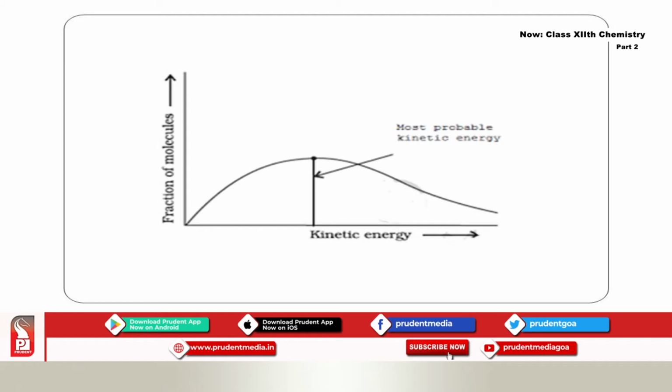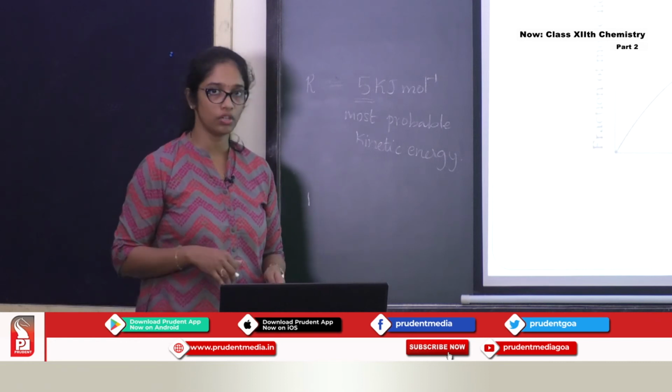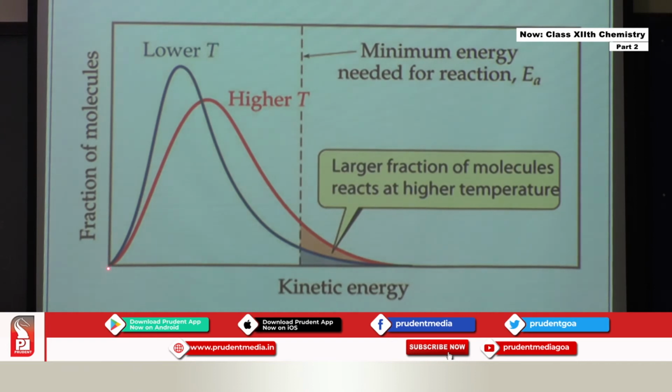So, this is going to be a graph for any reactant having some amount of energy at a particular temperature. Now, how this plot changes when temperature increases is what is going to be important for us. Here, if you look at the graph at a higher temperature, the number of molecules having energy greater than the activation energy is greater compared to the graph at a lower temperature.